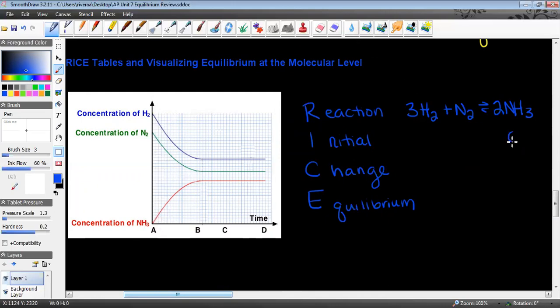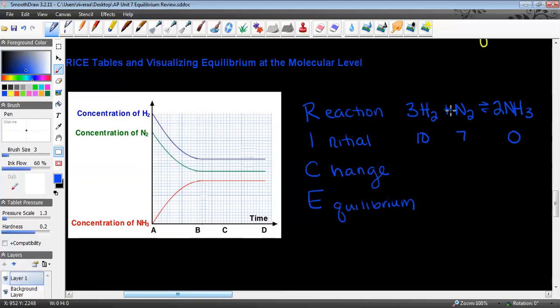So my initial value for my NH3 is 0. And it looks like I've got some N2 and some H2. Now, I don't know how much of each of these I have. I'm just going to put some random values in. Clearly I've got the most of the H2. So let's say there's 10 moles of that, or molarities or pressures or whatever. That's a huge value. They're going to be smaller than that, but just for fun. And let's say I've got 7 moles of the N2.